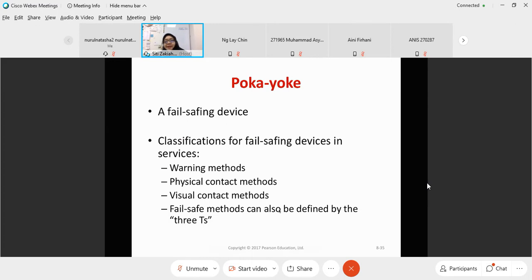It will always be right because they have this fail safe, because they already saw the blueprint. This is the part where people will get it wrong. So they make a fail-safe device, or you call it Poka-yoke. Can you give me an example of a fail-safe device? Anybody?